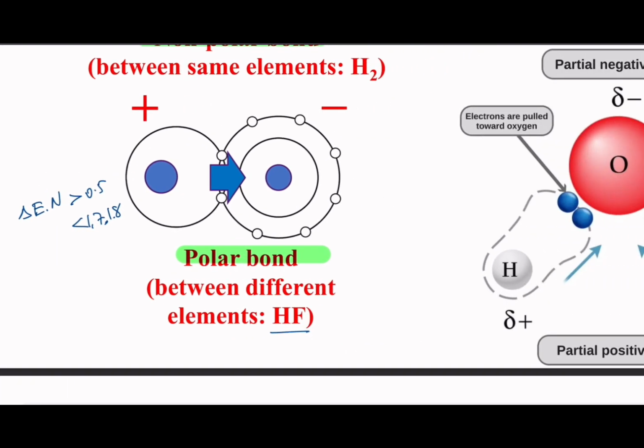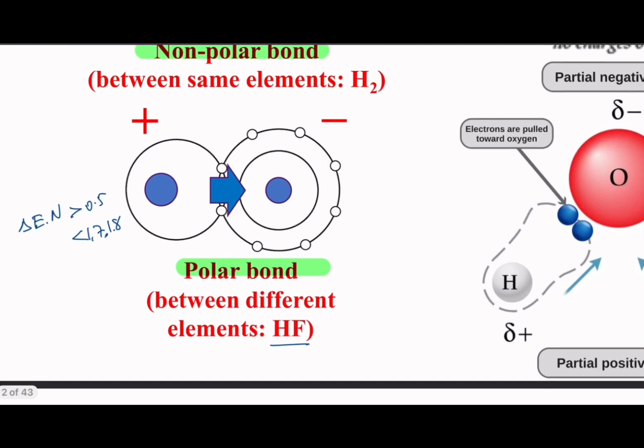With this type of covalent bonding, electrons are shared in between them, but because fluorine is more electronegative, it will pull electrons closer to itself, making it partially negative and hydrogen partially positive. That's why we have a negative and a positive end, and they attract each other.